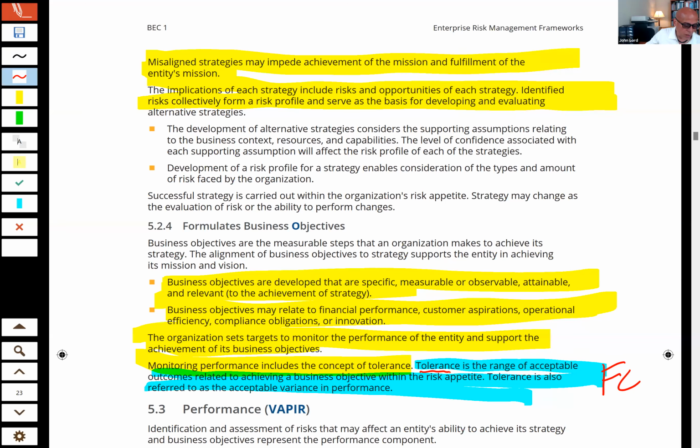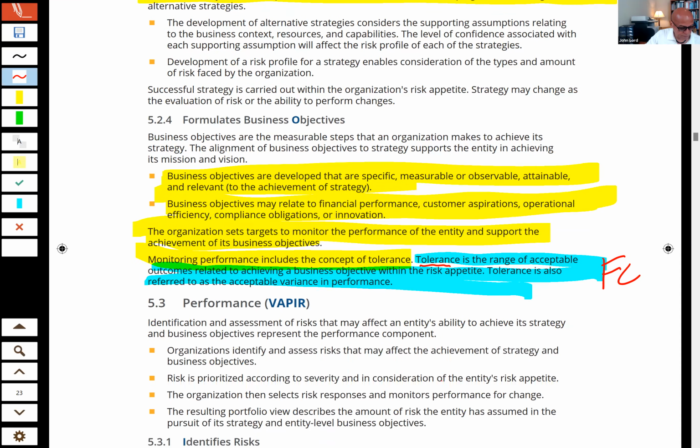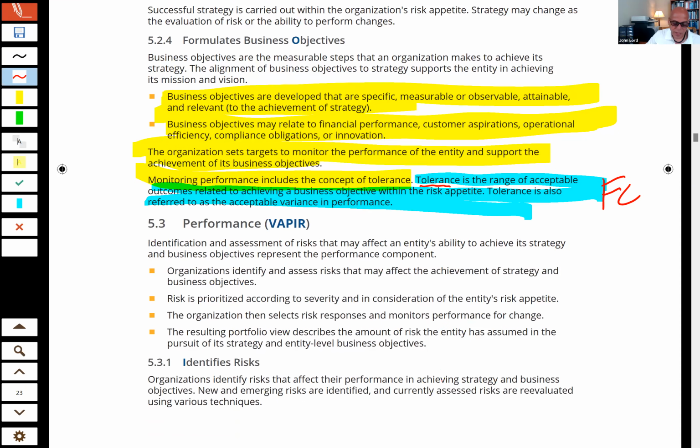Okay. Now, once we have identified the risks within our risk appetite and our tolerance, then we will go ahead and perform. Okay, so risk is prioritized. We'll respond to that. Risk is prioritized according to the severity and its consideration of the entity's risk appetite. The organization then selects responses and monitors performance for change.